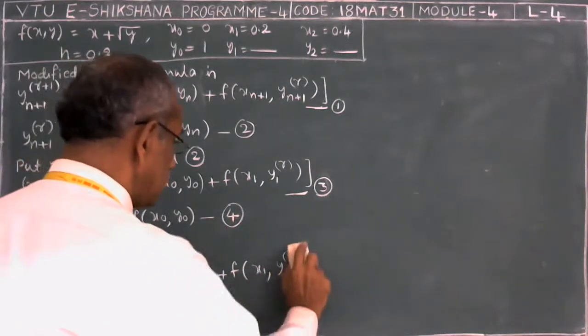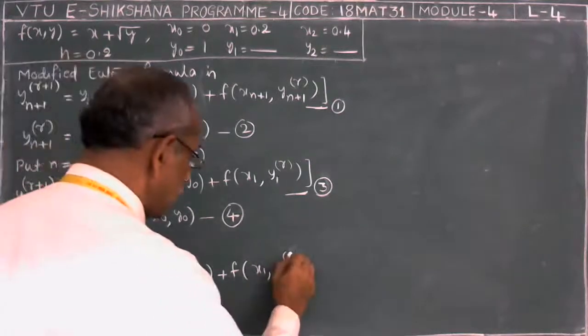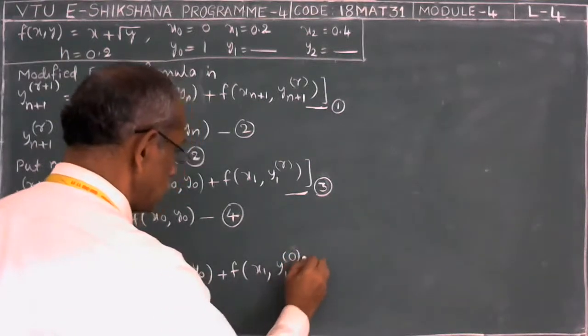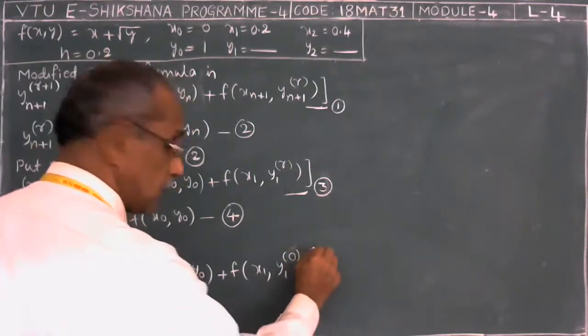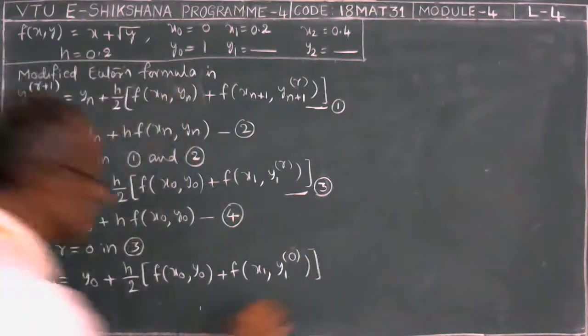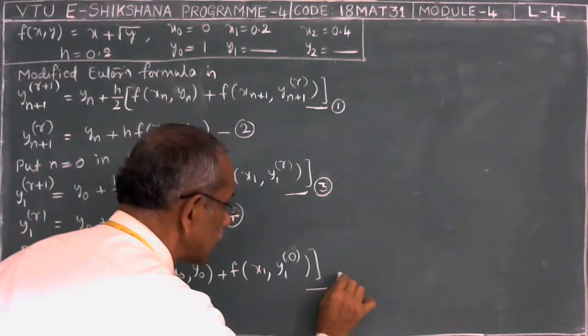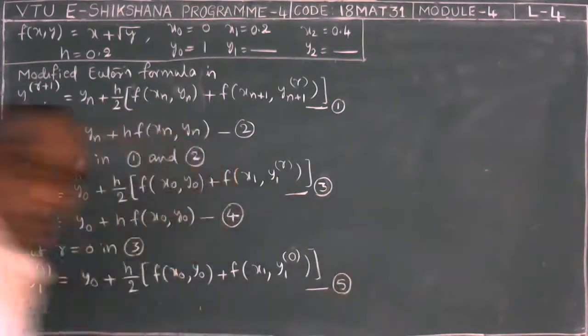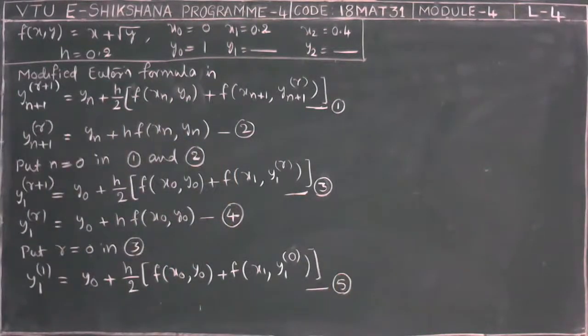Here r is 0, we are putting r is equal to 0 in 3, so we get y1 superscript 0. Close the square bracket. Call this equation number 5.